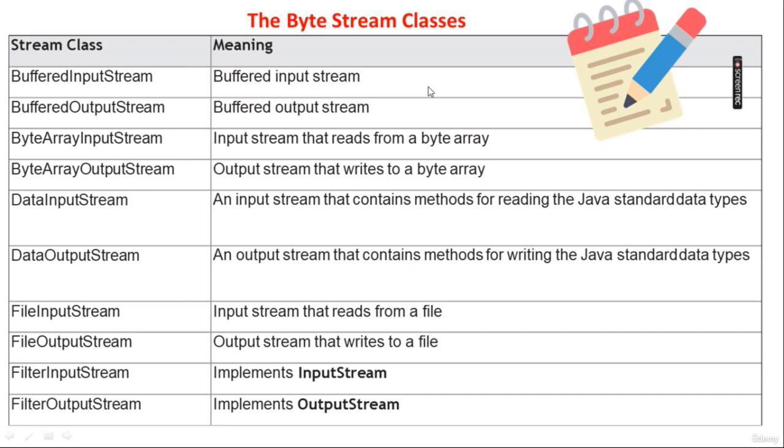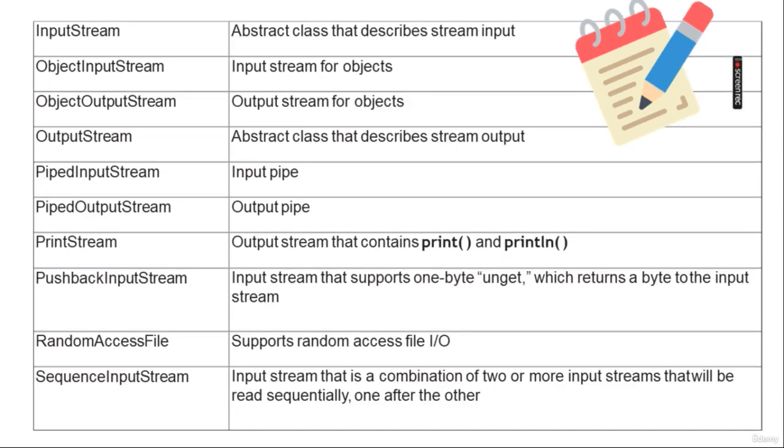Data output stream is an output stream that contains methods for writing the Java standard data types. File input stream reads from a file. File output stream is an output stream that writes to a file. Filter input stream implements input stream, and filter output stream implements output stream.